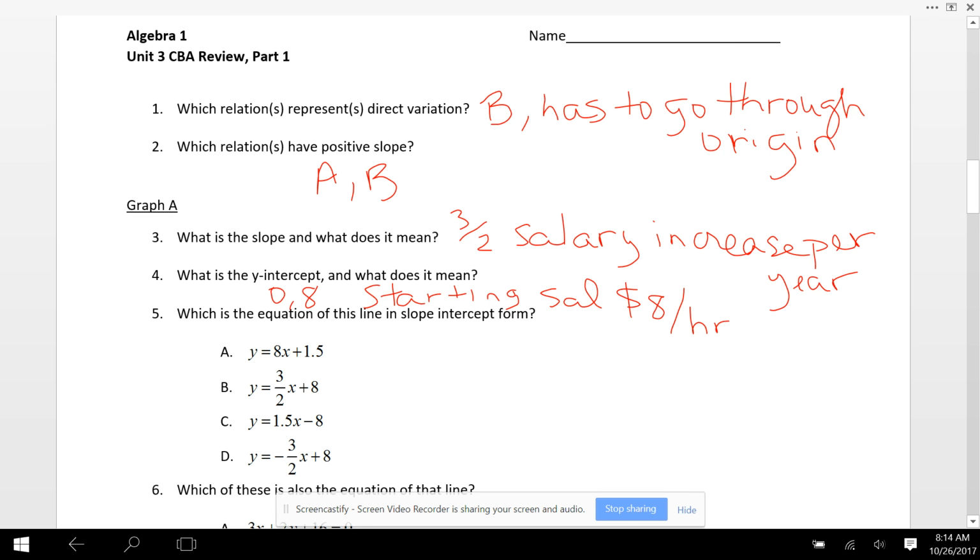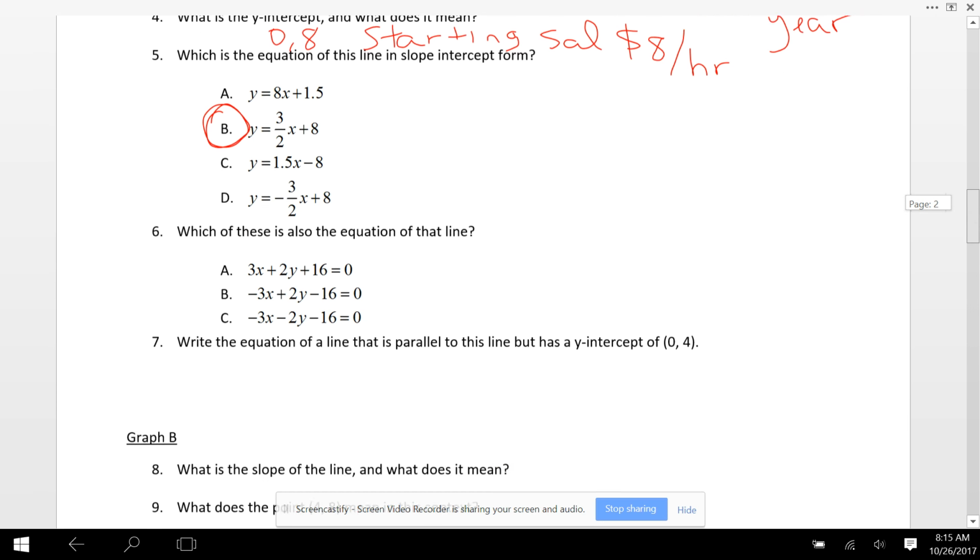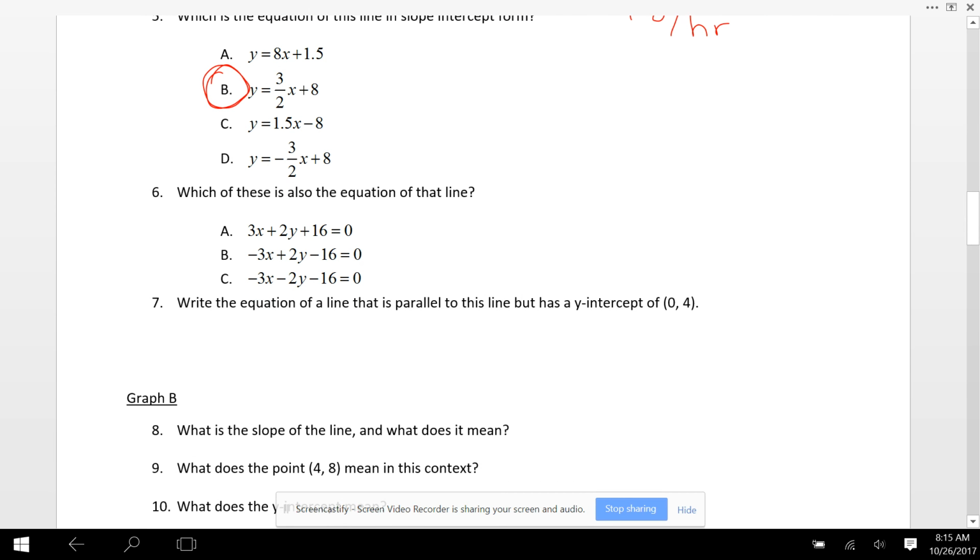All right, so we found the equation in slope-intercept form. What was that one? And I was going to talk about what else is an equation for the y. So think about what this means. If I take b and I change it so that it has 0 on the right. This isn't standard form because these guys are over on the left, so it's not really standard form, but it doesn't matter. I'm going to subtract 3/2 x over to this side. So I'm going to have 3/2 x over here minus 3/2 x over here.